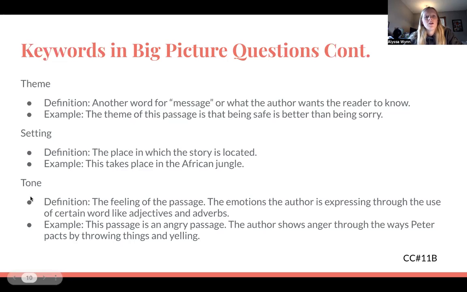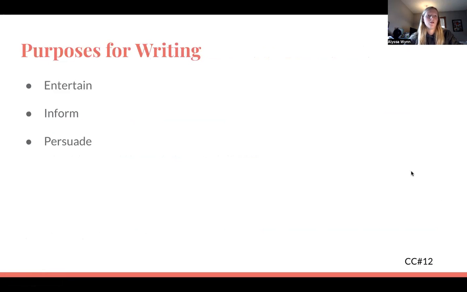And tone, the feeling of the passage, the emotions the author is expressing through the use of certain words like adjectives and adverbs. And the example for this is: the passage is an angry passage. The author uses anger through the ways Peter acts by throwing things and yelling. The purpose of writing is to entertain the reader, to inform the reader, and to persuade the reader.